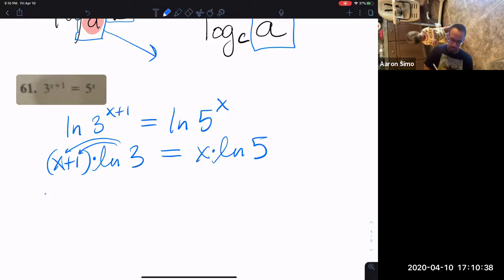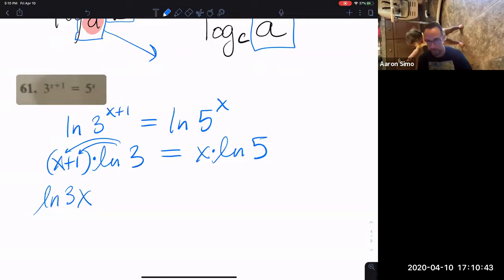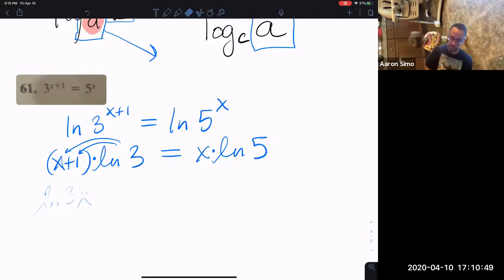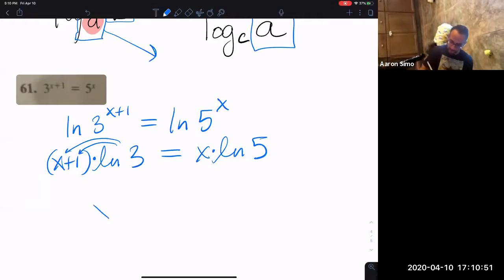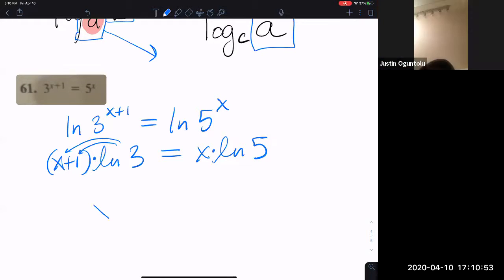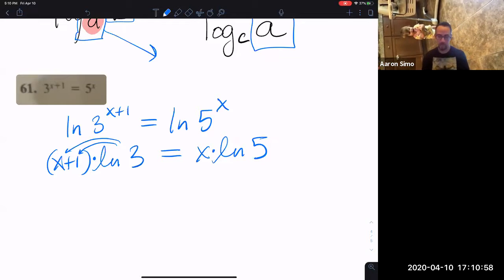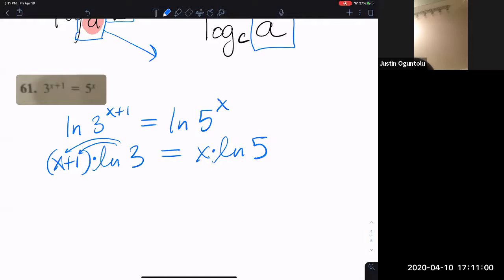If you're going to write it as ln of 3x, be very careful, because the x can't multiply with that 3. That would be a mistake.